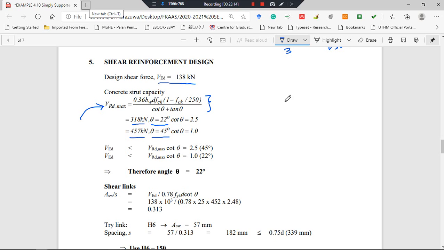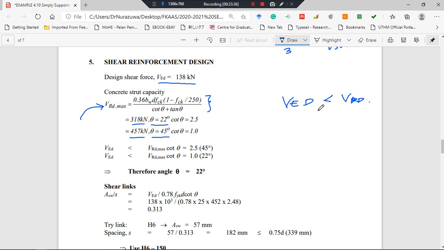And then we check our VED. Is VED less or more than VRD? In this case, our VED is less than VRD. So it is okay.